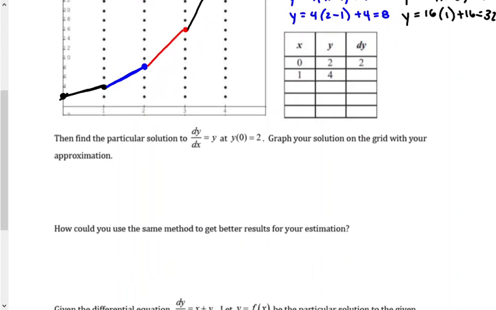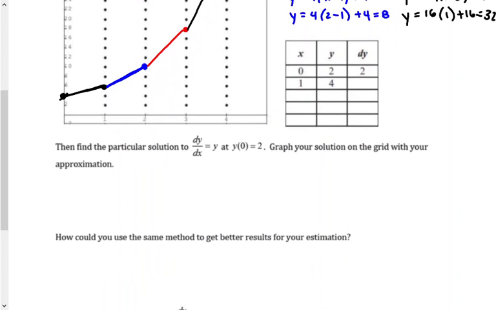So if I solved for the particular solution, I'm going to want to separate and integrate, so I get 1 over y dy equals dx. Everybody good there? Then we integrate.